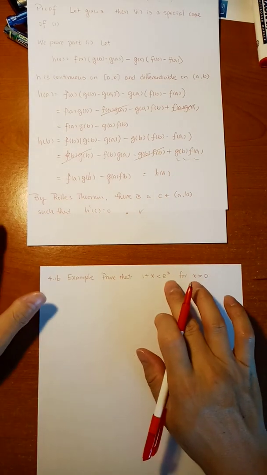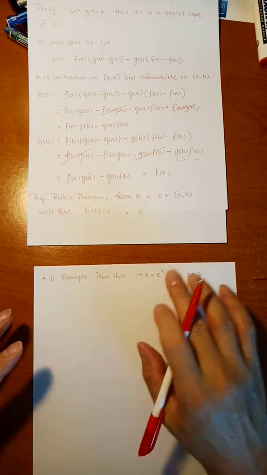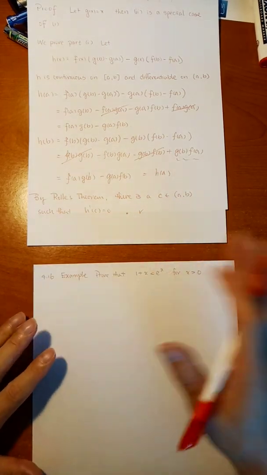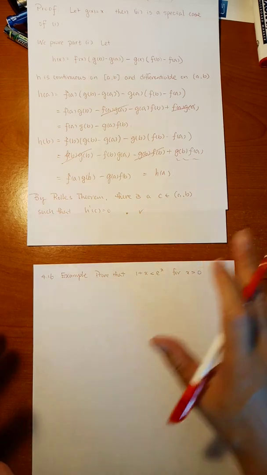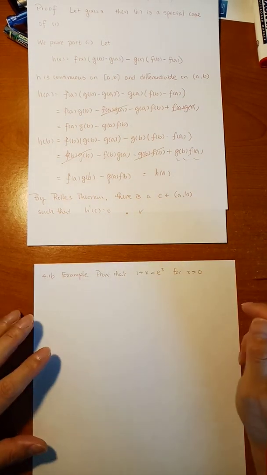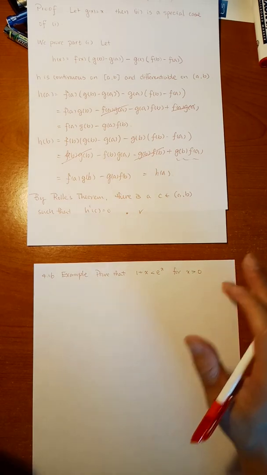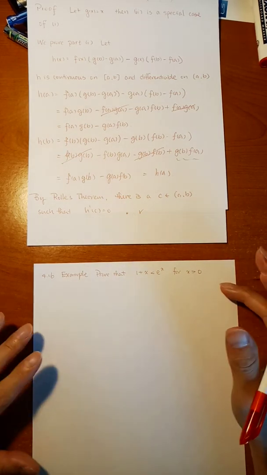Of course, if you know the Taylor expansion of the exponential function, e to the x is 1 plus x plus x squared over 2 plus x cubed over 6, and so on, so you have a lot of positive terms. But let's assume you don't know the Taylor expansion. How do we prove it?